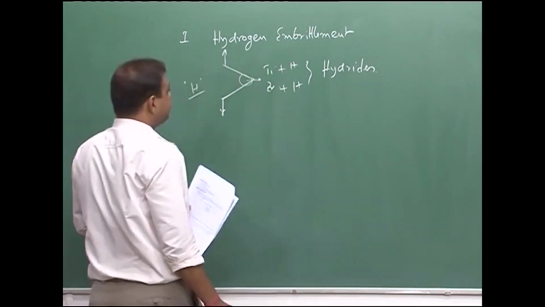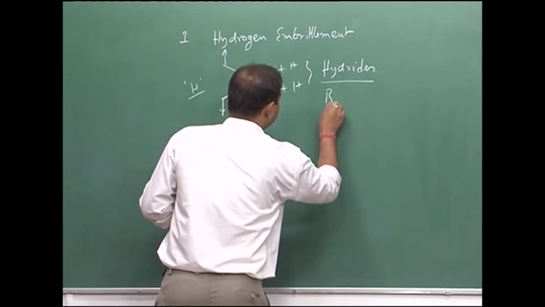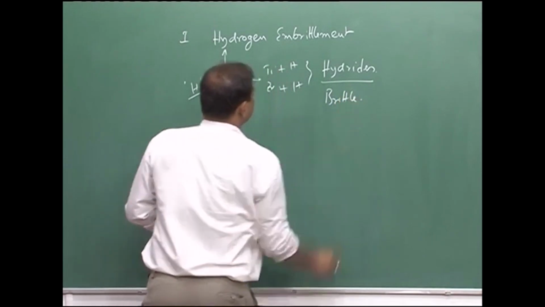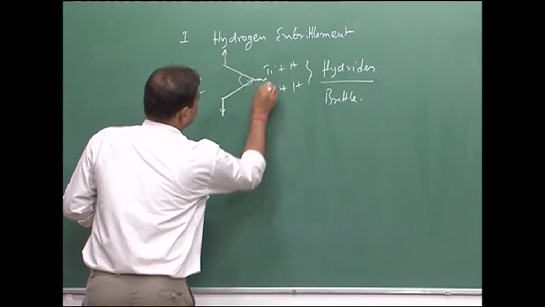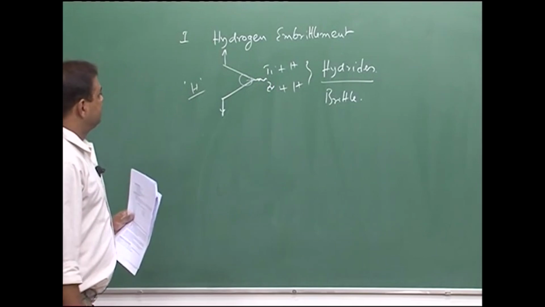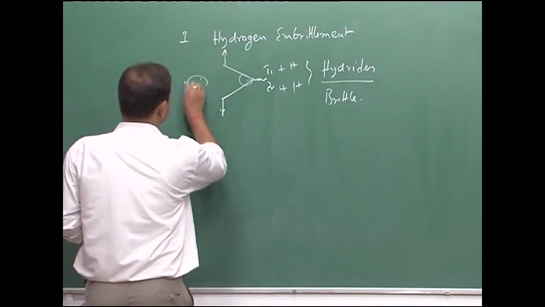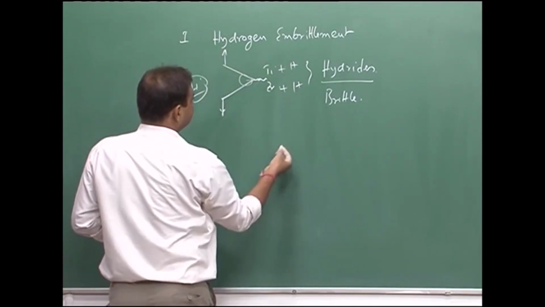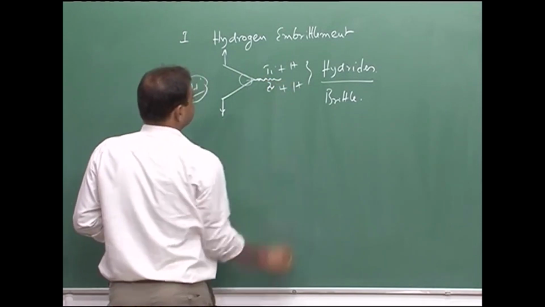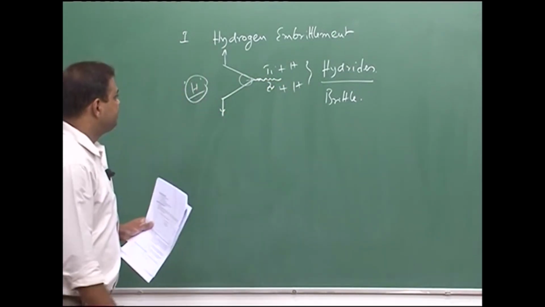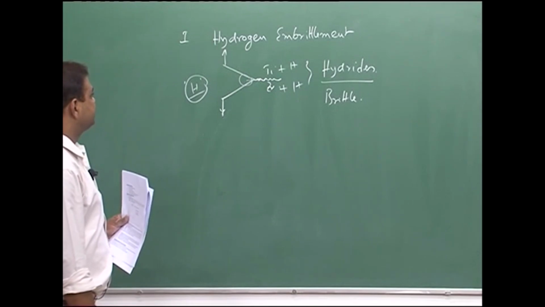These hydrides are brittle in nature. So, the crack again advances, and then again you have hydrogen generation, again hydride forms, and then again the crack advances, and that way the cleavage fracture propagates inside the material.